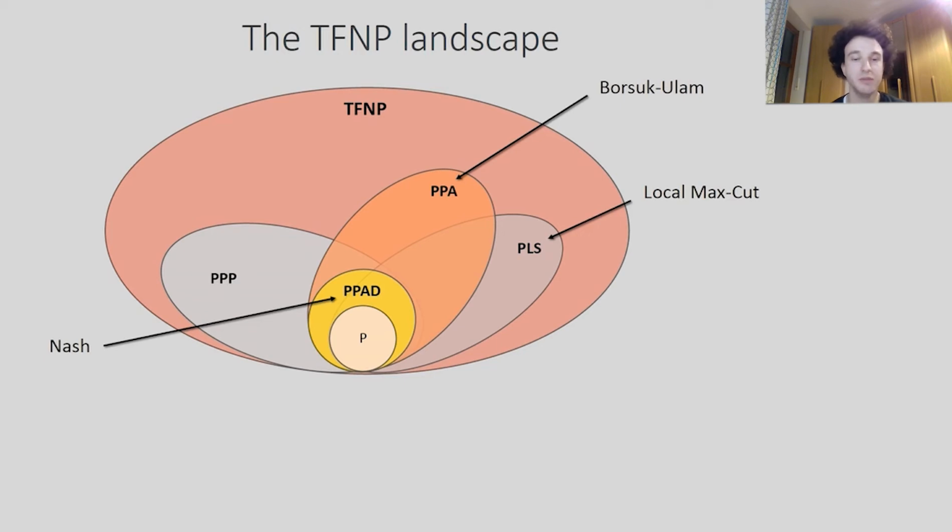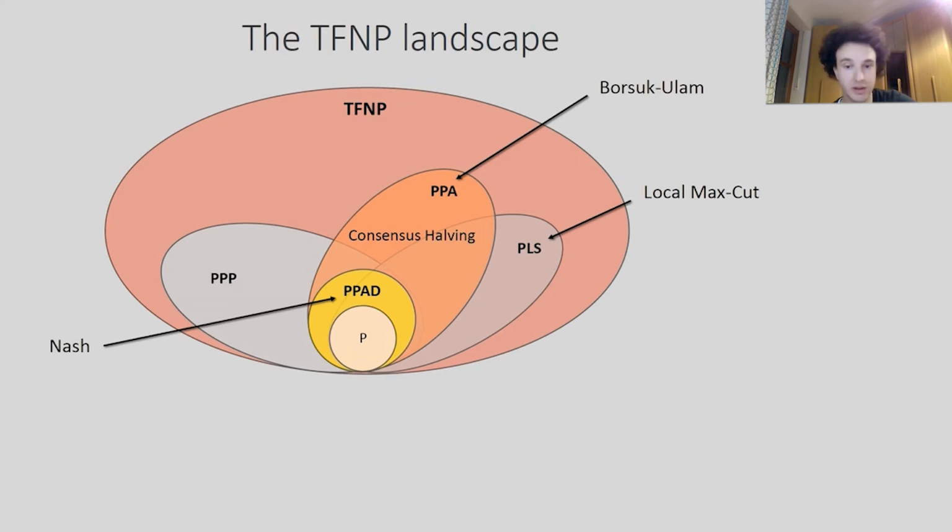PPP is related to the pigeonhole principle, and PPA is a class that, in a certain sense, embodies parity arguments. And here for our problem, what's important is that the Borsuk-Ulam theorem is complete for this class. And this is important because since the consensus halving theorem is proved by using the Borsuk-Ulam theorem, this basically shows that the consensus halving problem lies in PPA.